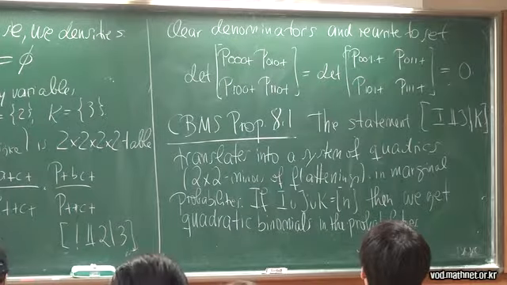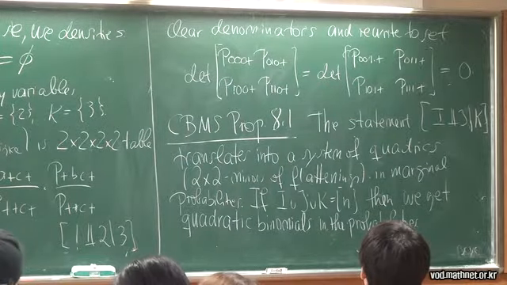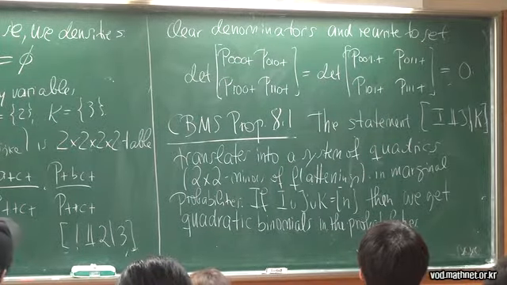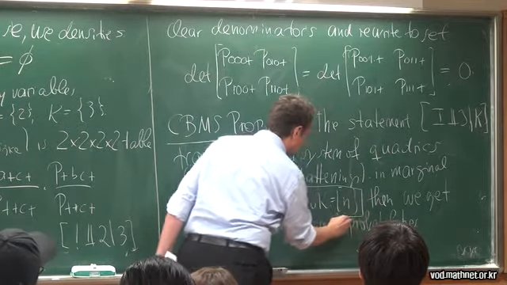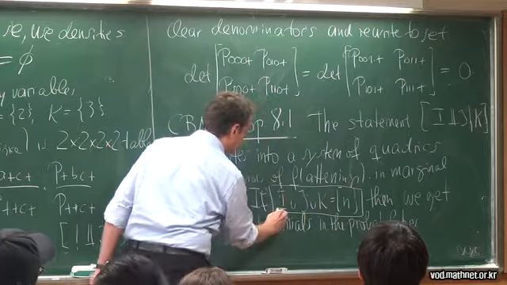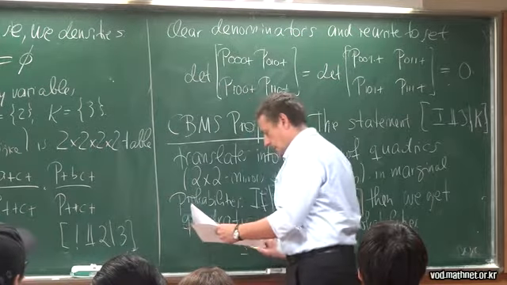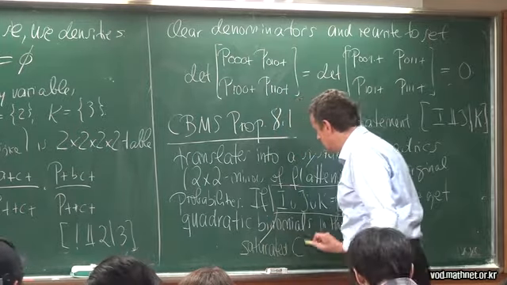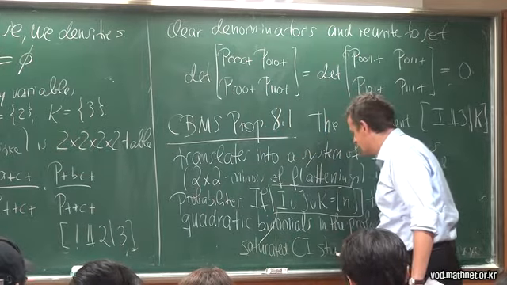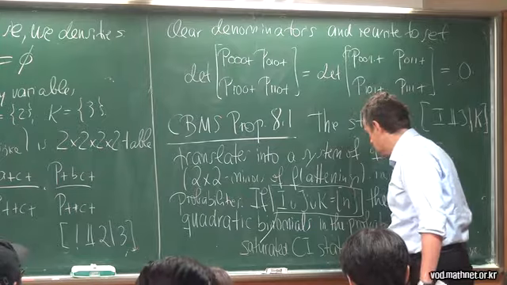So in the literature on these kind of models, this is called a saturated statement. So if this holds, we're going to call that a saturated conditional independence statement. Okay?